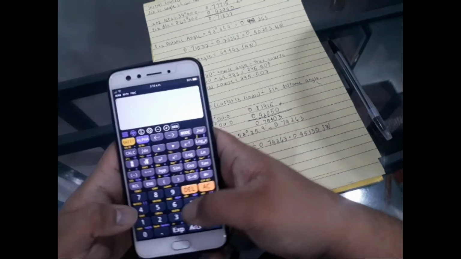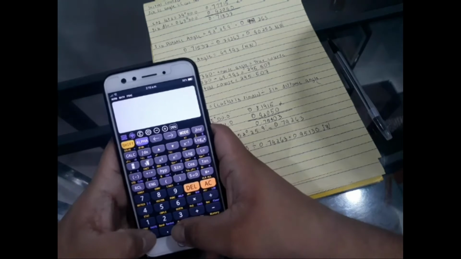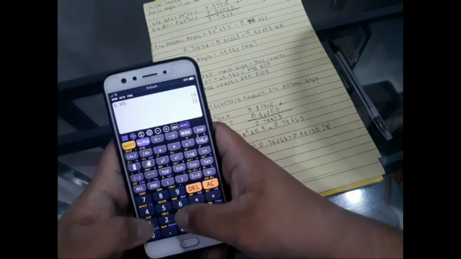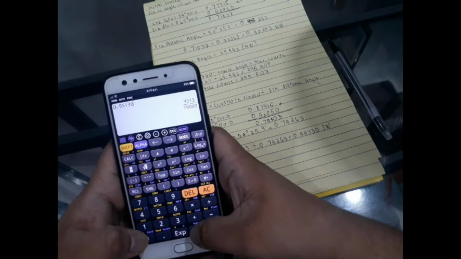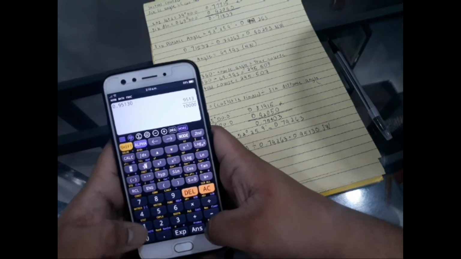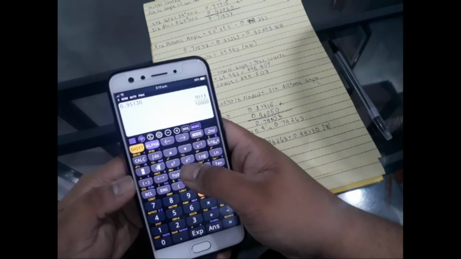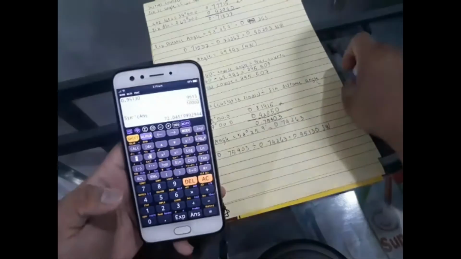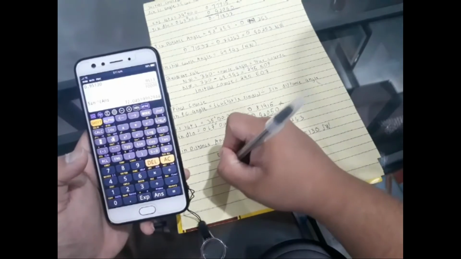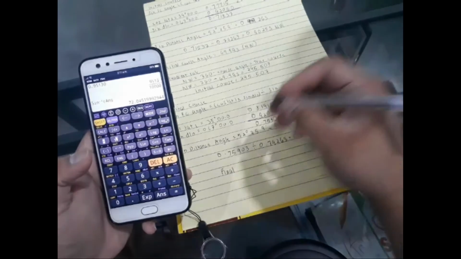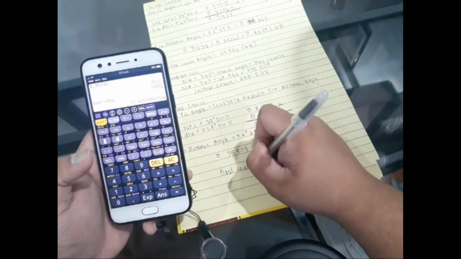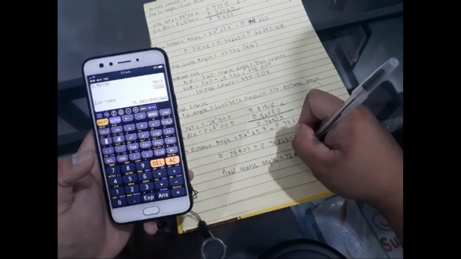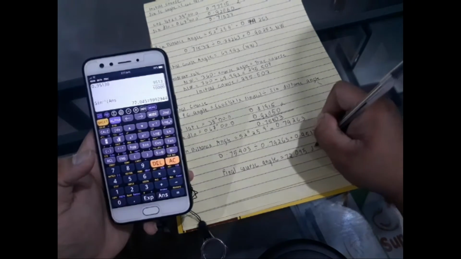So first we're gonna write 0.95130, shift, and of course sin, the answer, there you go. So the final course angle is equals to 72.045.